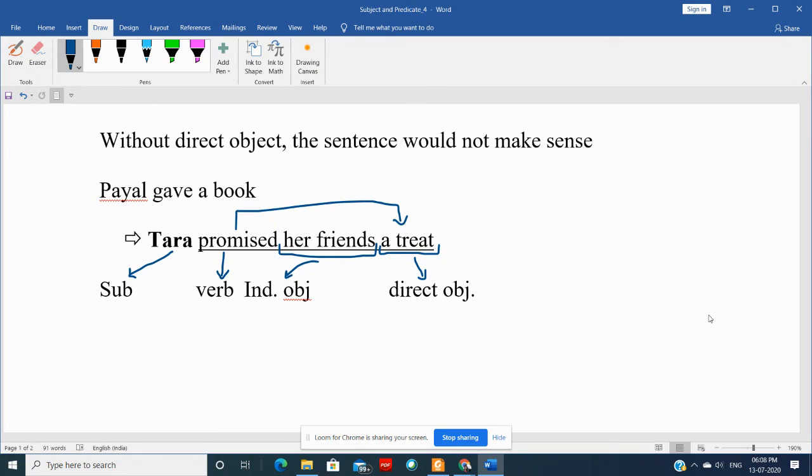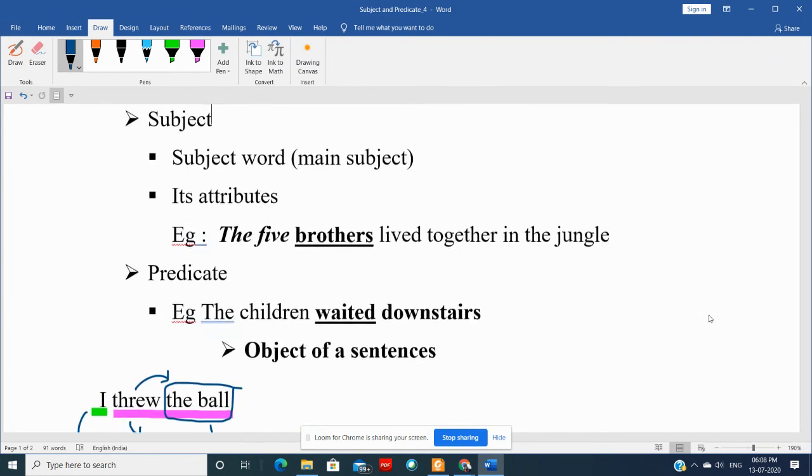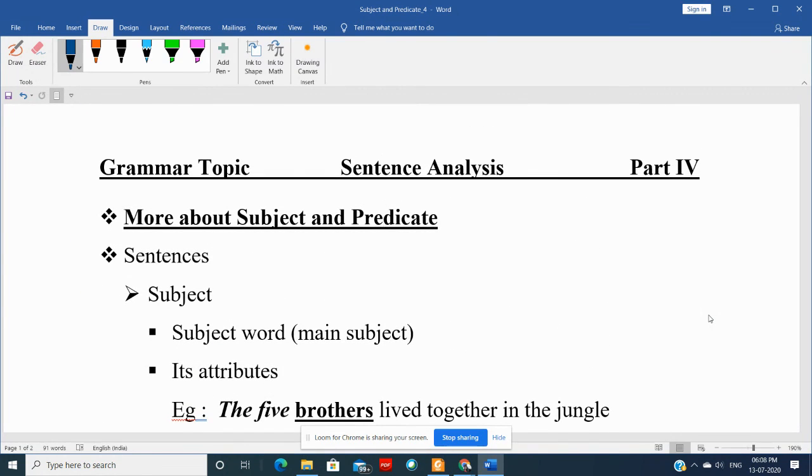Tara promised her friends. But what? Not sure. Means the sentence is not making sense. So her friends cannot become the direct object. Tara promised a treat. Yes, it's making sense. So a treat becomes your direct object. Right? So this is how the further analysis of sentences is done.